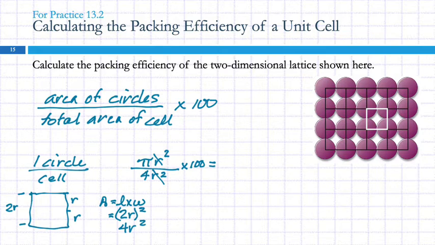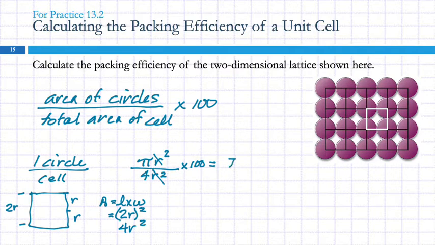Calculator is in that stupid math print thing where it shows me 0.25 pi. That's not what I want. Okay, let me try that again. Pi divided by 4. Okay. And then times 100.